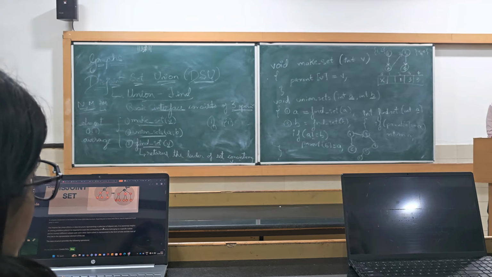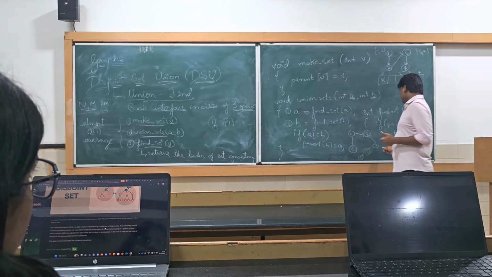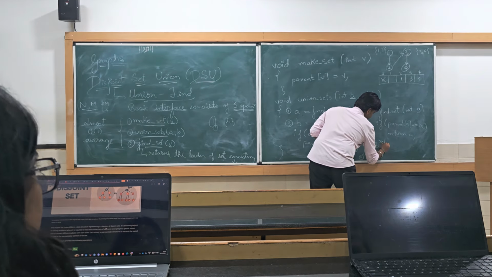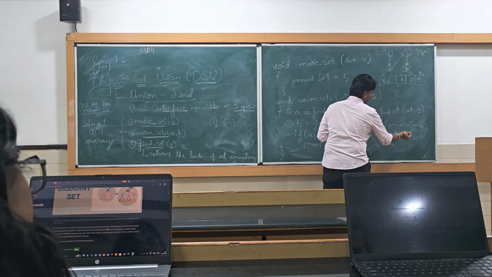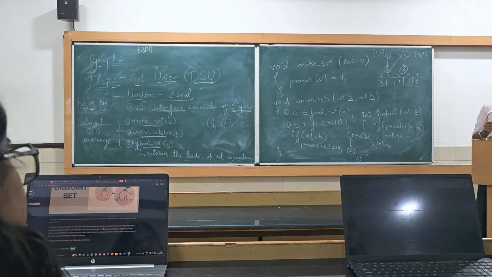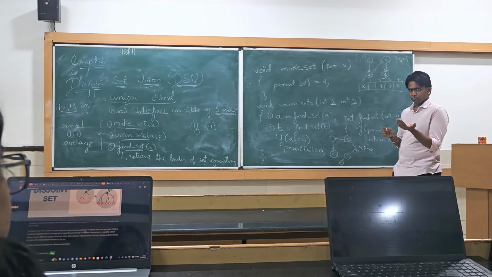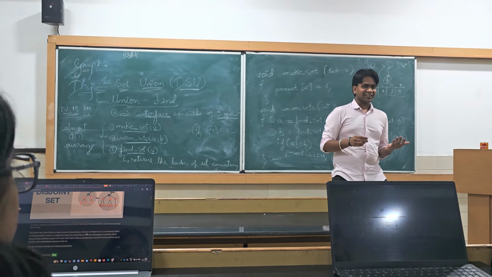Call find set on parent of A. Exactly. So basically अगर मैं सीधा लिखूंगा return find set of what? A या parent of A? Parent of A. पक्का? Yes. पक्का? Yes, that's correct, right?